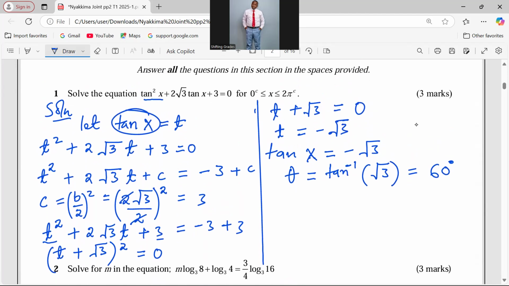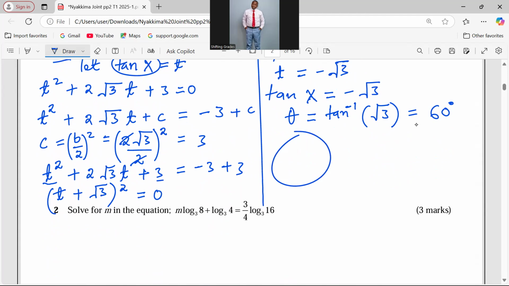So look at this. If I draw what you call the unit circle, we know in the first quadrant all trigonometric ratios are positive. In the second one, only the sines. Here, only the cosines. And here, only the tangents.